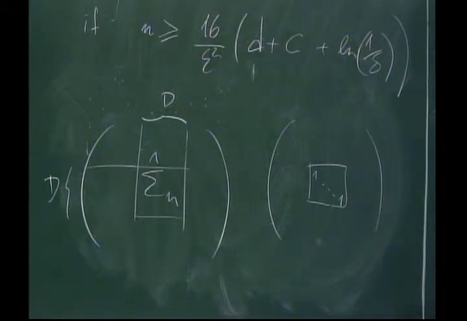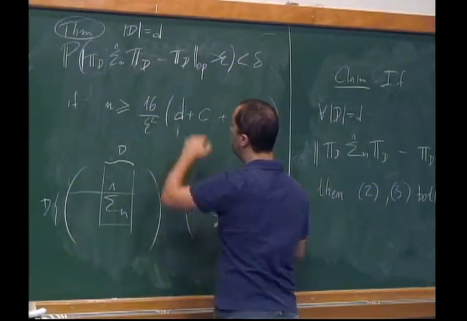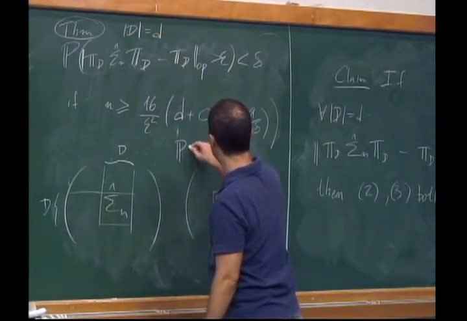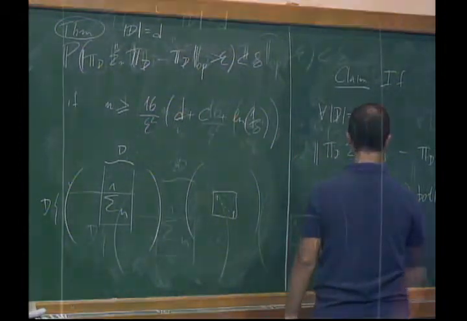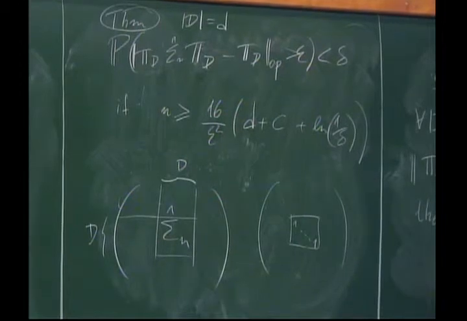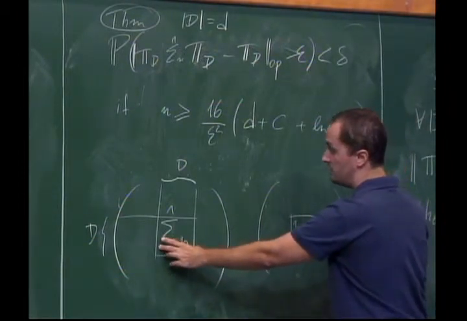Another way is, instead of thinking of this as a linear transformation of R^p, you think of it as a linear transformation over the range of this operator, which is a D-dimensional space. So it's more or less the same idea. The main point is that in any case, you're looking at the distances between these two matrices.